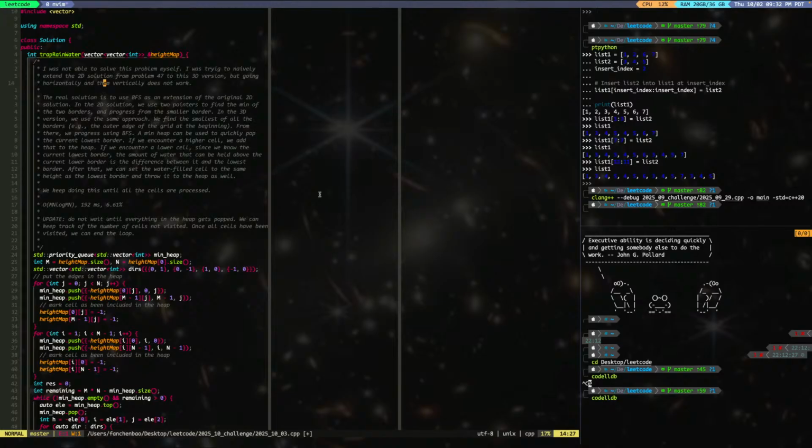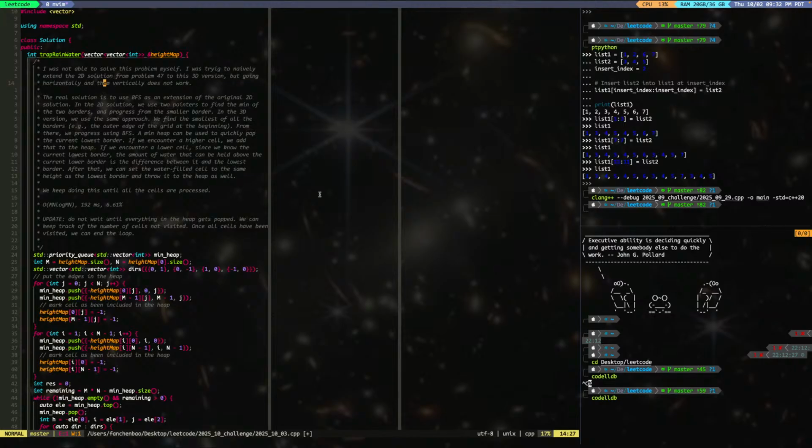If we encounter a higher cell, we add it to the heap. Yeah, because all we want to do is go from outside in and find the smallest, right? Then, wait, hold on. If we encounter a higher cell, we add it to the heap.